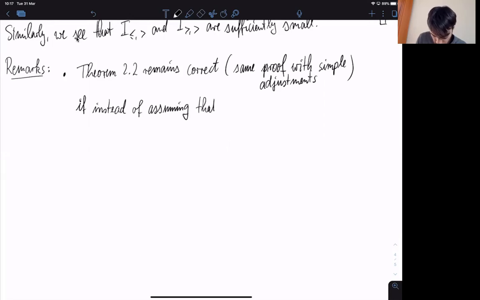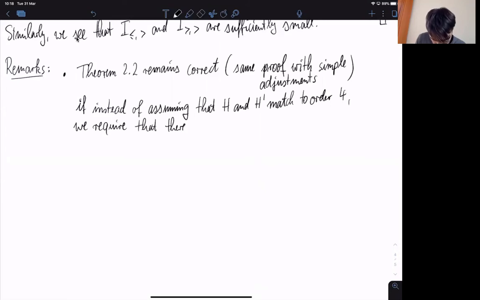So instead of assuming that H and H prime match to order 4, we require the following condition, which is strictly weaker, that we find a delta positive such that, if I still have to take these kinds of mixed moments of entries and compare this with the entries of the other matrix.